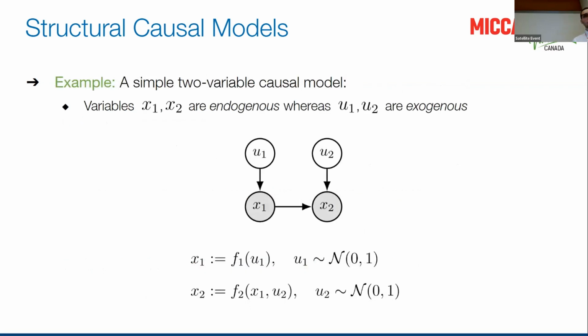To give you a more concrete example of this, we have a simple 2-variable causal model here. We have 2 endogenous variables, x1 and x2, and 2 exogenous variables, u1 and u2. And we have the equivalent mechanisms down here in terms of equations. The thing to note here is that x1 is present in the mechanism for x2, since x1 causes x2.